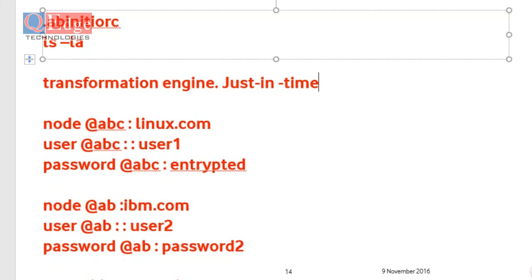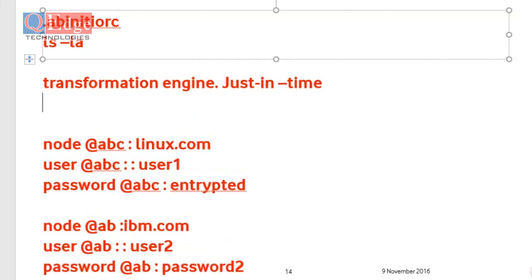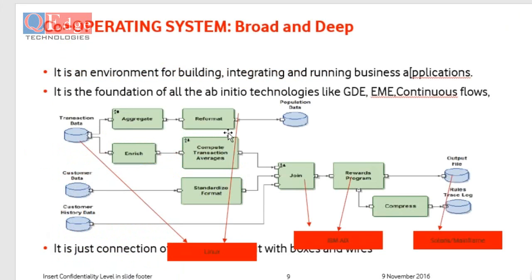When I say last moment, as you know, each component is connected with others via a wire. Suppose you have written the business logic here, and the data will go to the next component. It will not execute before that; it runs at the last moment, so it takes very little time.